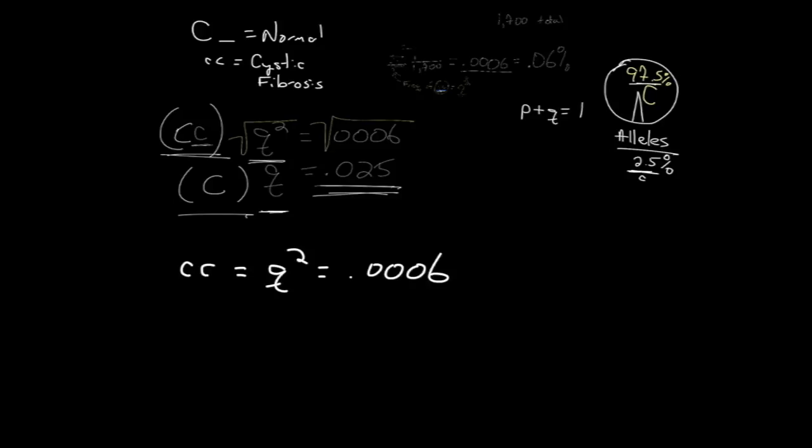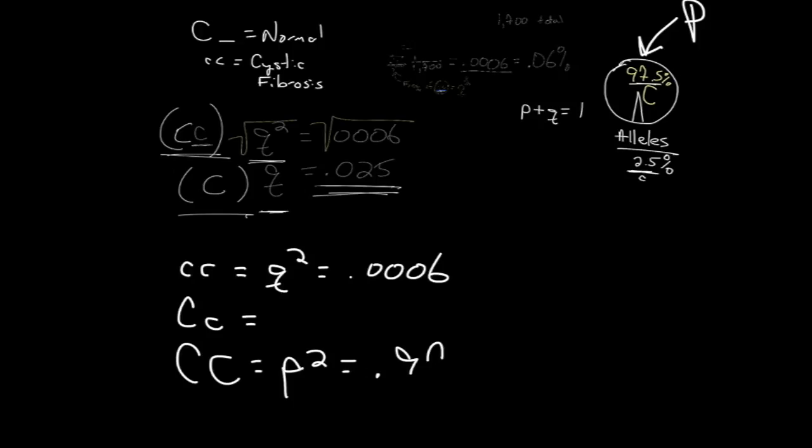We still don't know what big C is. Big C is p squared, so that's easy to find out, because we figured it out up here. This is p right here. So what's 0.975 squared? Somebody want to do the math? Do you want me to do it?